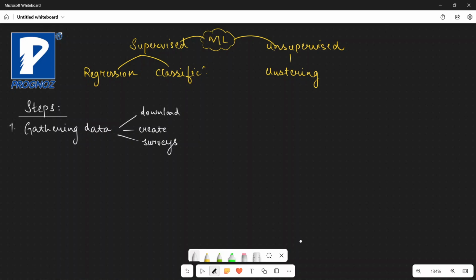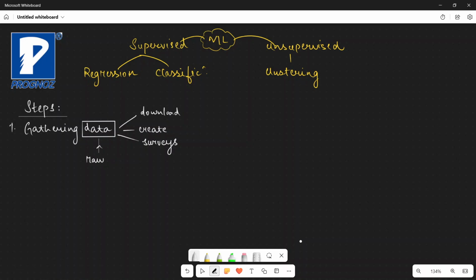Now, usually what happens is when we gather this data, the data is usually in a raw state. By raw, I mean that this data has a lot of redundancies. This data has a lot of things which needs to be cleaned away.